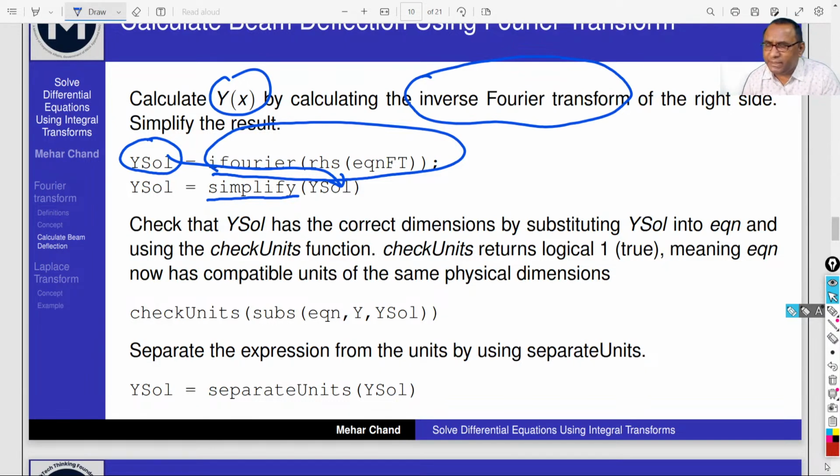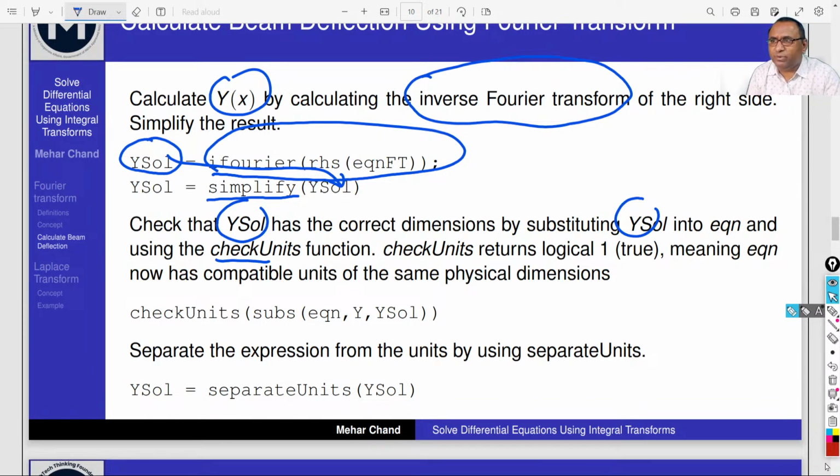After getting the solution, we need to check that y solution has the correct dimensions by substituting y solution into the equation and using the check unit. This is very important to check whether all these units are compatible or not.